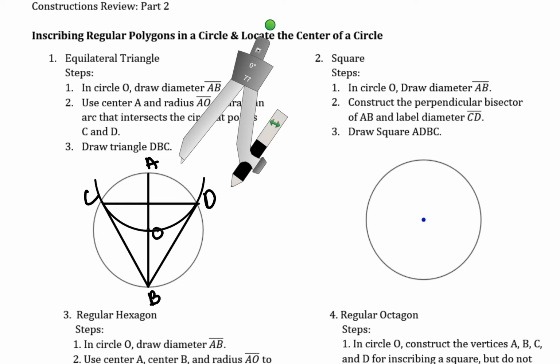Something else they've asked is constructing a square. So it starts off the same way. Construct a diameter. Okay, we're going to do the perpendicular bisector of that diameter.